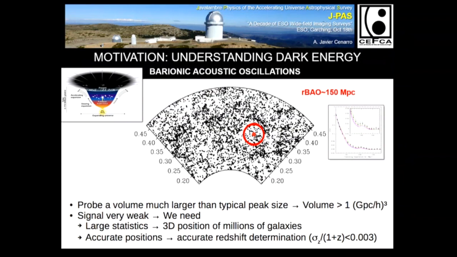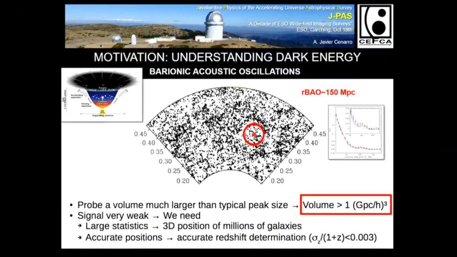I'm not entering into the details because this has been explained and all of you know, but of course, if you want to measure BAOs with a typical scale of 150 megaparsec, you need to map a huge volume of the universe, or at least several times the typical size of these signatures.